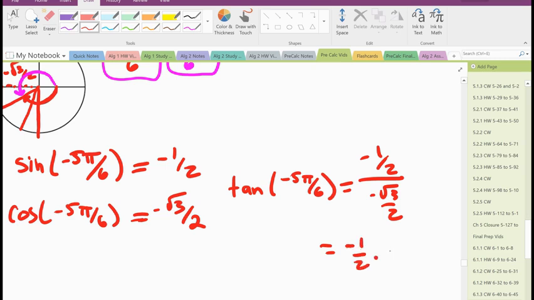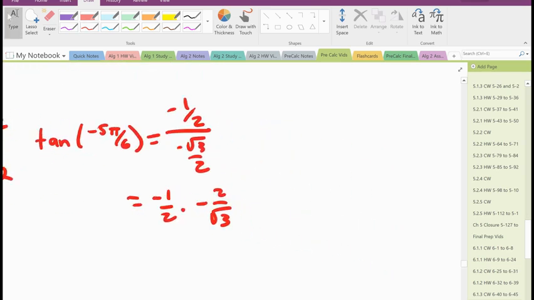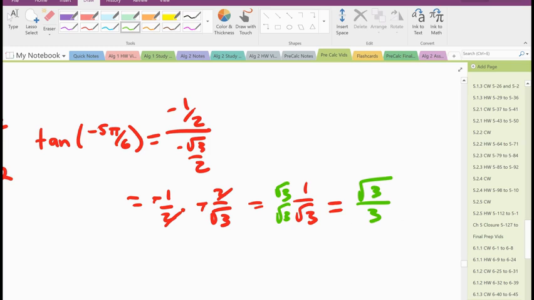I'm going to multiply by the reciprocal, and in this case the 2's cancel and the negatives cancel. I get 1 over root 3, but I want to get rid of the square root in the denominator. So I end up getting root 3 over 3 as tangent of negative 5 pi over 6.